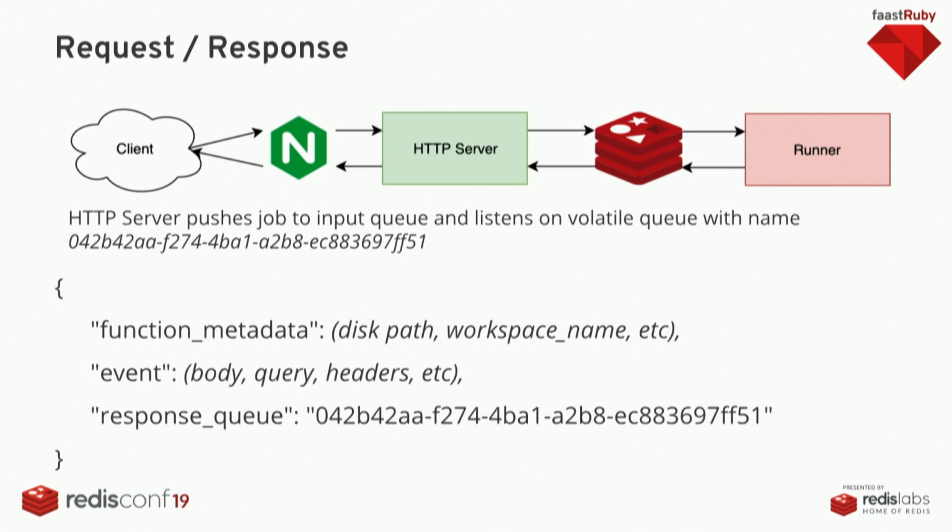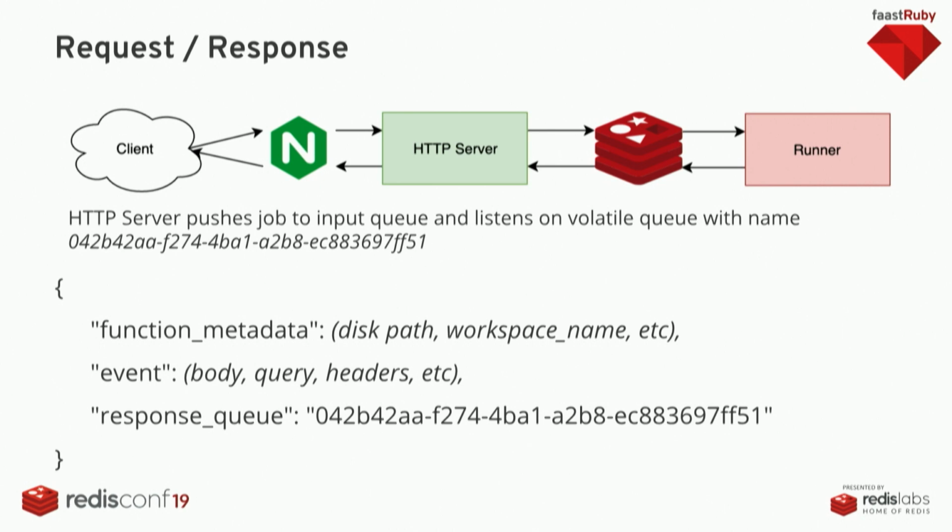Every time the HTTP server puts a job on Redis, it will create a random UUID and subscribe to a queue of that name. Then with the payload, telling the runner to run this function, it will pass the function metadata, which I omitted from this request cycle, but there is another trip to Redis to get that metadata information.